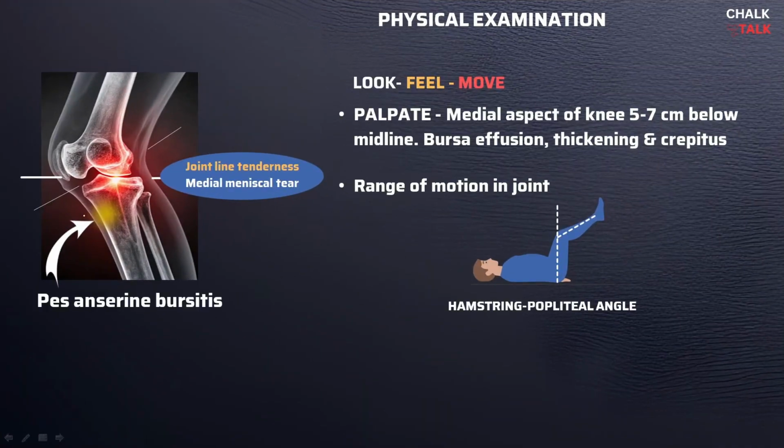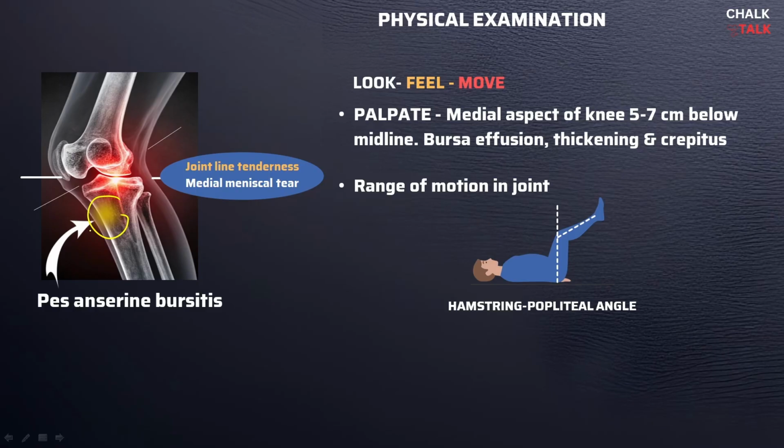All right, so when examining a patient with suspected Pes Anserine Bursitis, we follow the usual joint assessment. We look, feel, and move the joint, check the range of motion, and then palpate the medial knee. Tenderness is often found over the proximal anteromedial tibia, about 5 to 7 centimeters below the joint line. That is exactly where the Pes Anserine inserts.